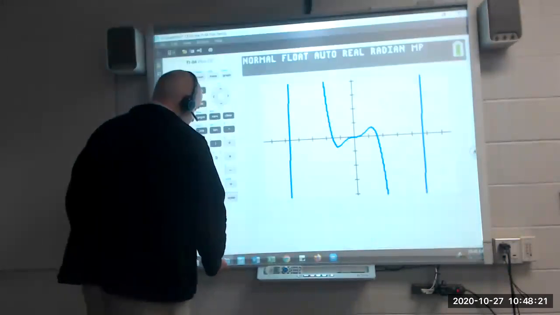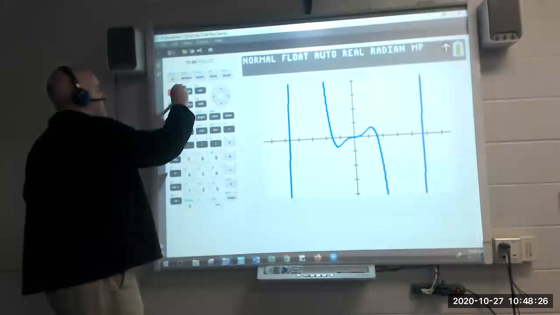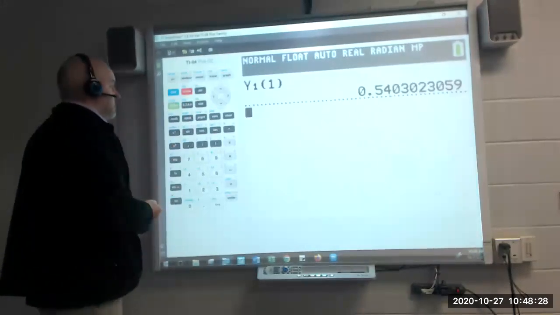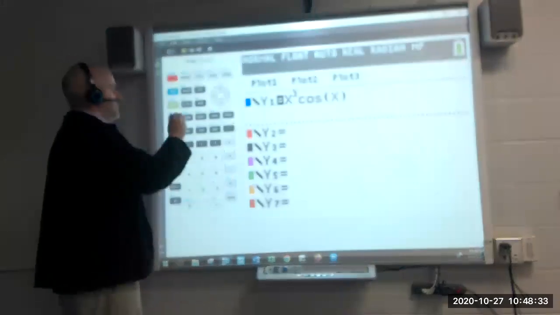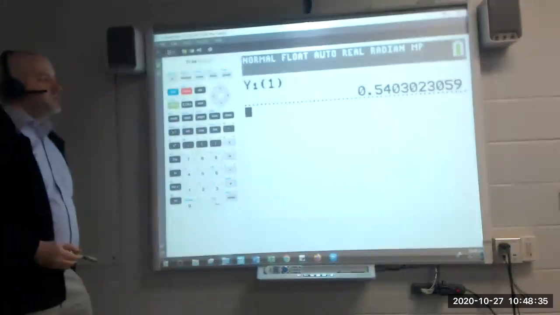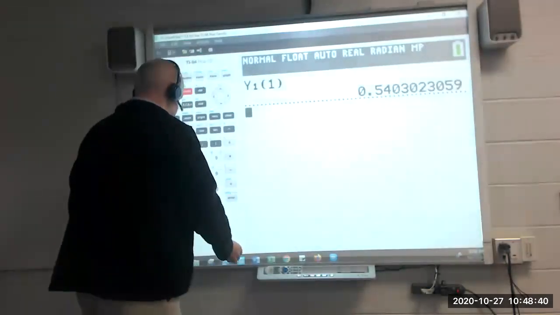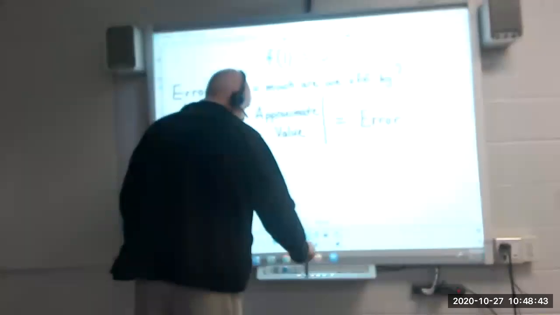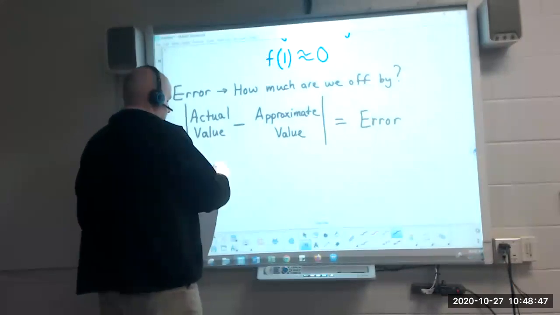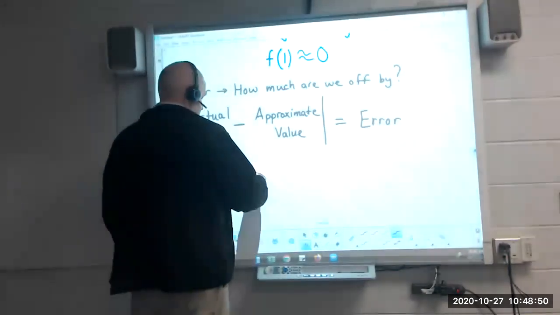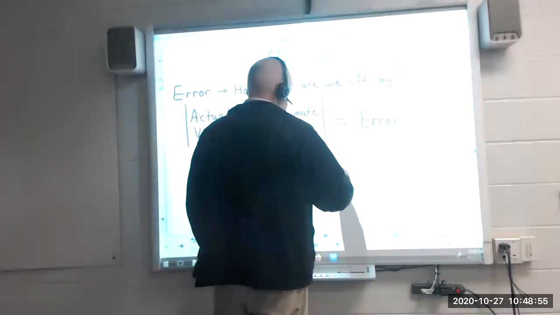So the actual value comes from taking the function, which again is what I typed into y sub 1, substituting in 1 and getting that value. So it's 0.54, and so on. So if I'm interested in the error for this particular problem, it's 0.540, 3 decimal places, minus 0. So 0.540, that's my error.